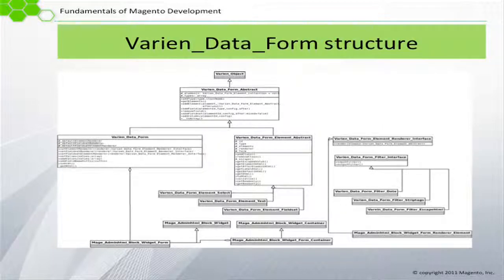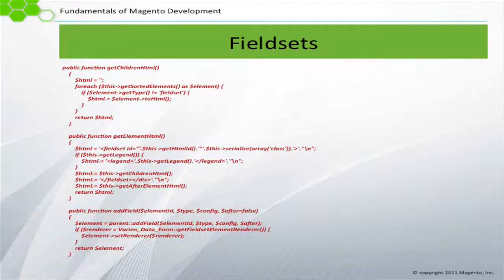And then we have select elements, text elements, field set elements. These are all important. But of course, you don't need to have this UML in your head while you're building out Adminhtml views. All right, field sets. Well, what are field sets? Of course, they are containers for fields.